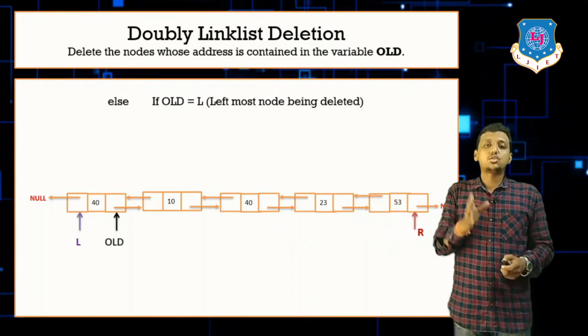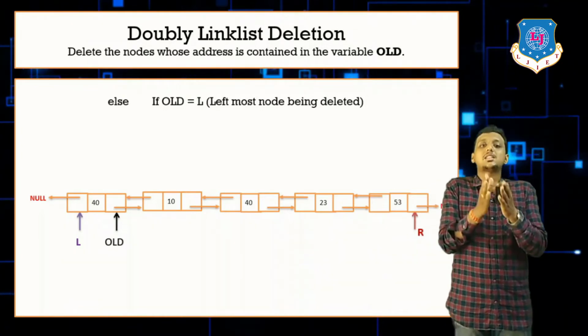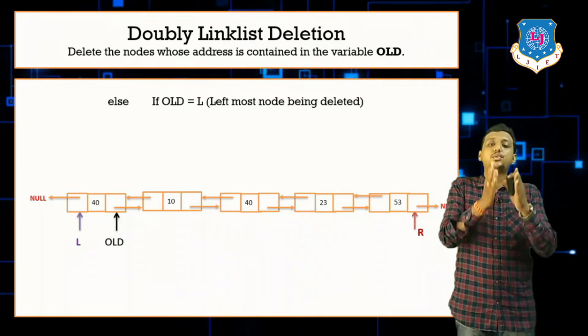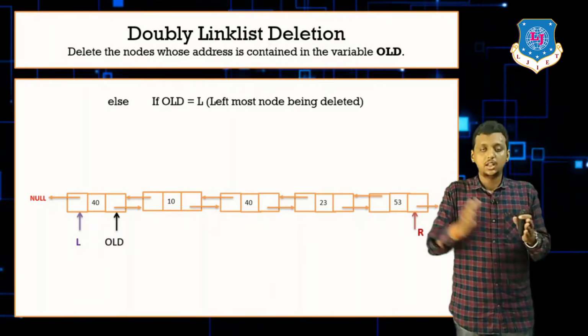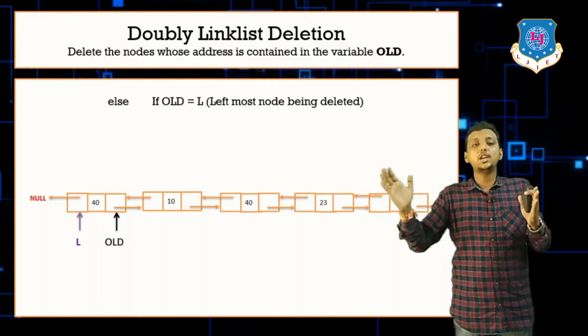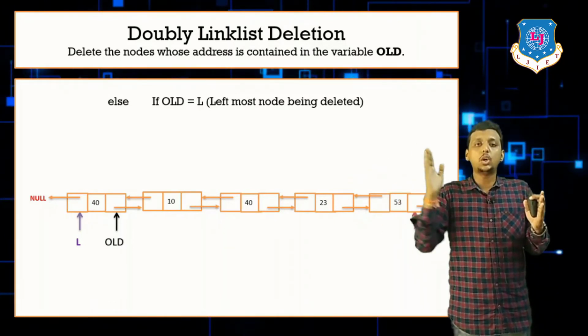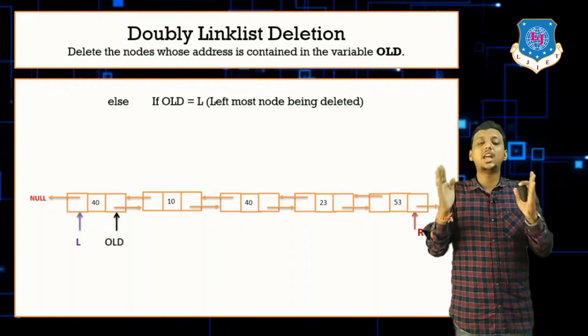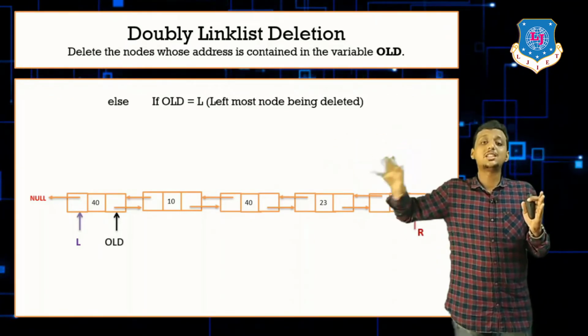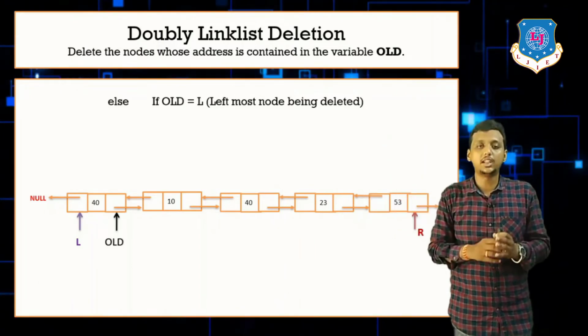Fine. So students, my doubly linked list starts from left to right, L to R. So when I move L from one node to another node, the linked list starts from there only. That means my first node is automatically deleted. It is considered out of the family of the linked list.